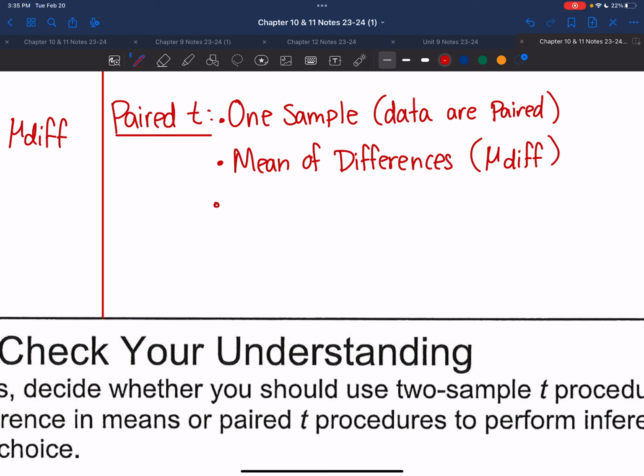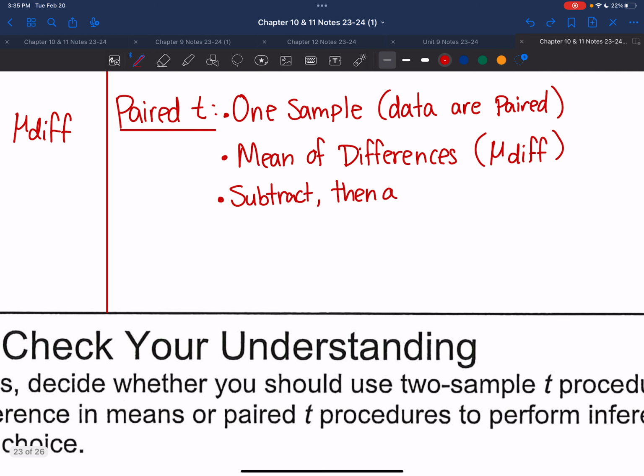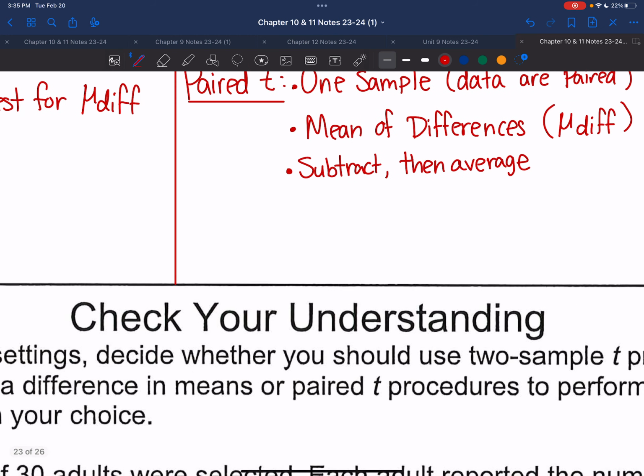And then something else, you typically subtract, then average. So you subtract and then average.